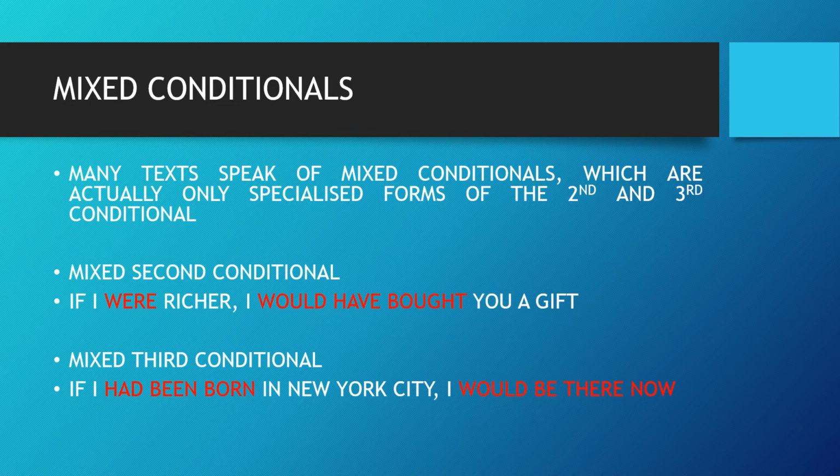In the mixed second, we still have the past simple, were, and we still have a modal, would. In the mixed third conditional, we still have the past perfect, had been born, and we still have a modal in the conditional clause, would. So for me, the similarities are much more significant than the differences. If you wish to call them mixed second and third conditionals, that's your business. I think you've got enough to think about already.